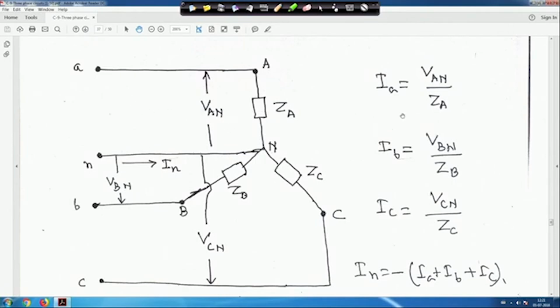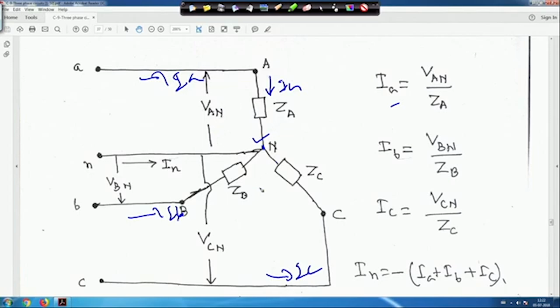In the unbalanced system, this current is IA, going to this phase. Similarly for this, IB, and here IC, and this is the neutral point N, with ZA, ZB, ZC, and phase voltages VAN, VBN and VCN.